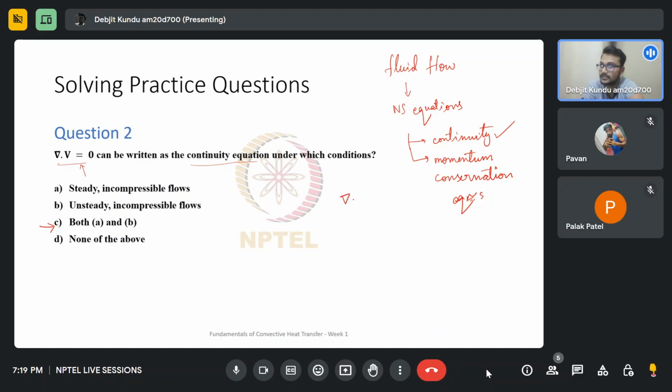Let me simplify this down a little bit. So del dot V equal to 0. This means del can be written as ∂/∂x i cap plus ∂/∂y j cap plus ∂/∂z k cap, dot V vector, which could be written as vx i cap plus vy j cap plus vz k cap, equal to 0.